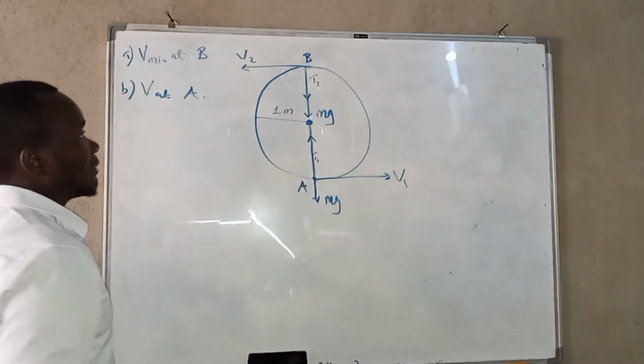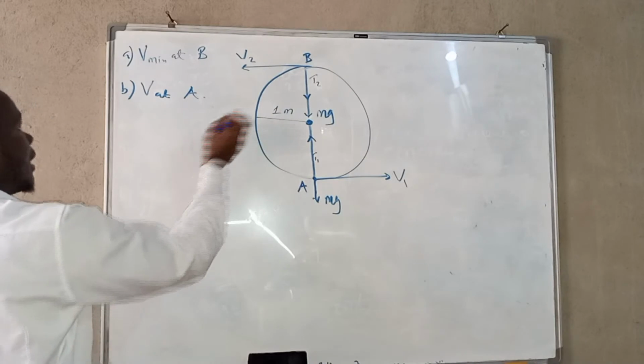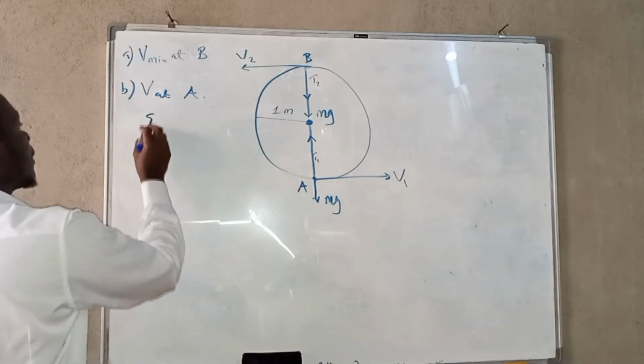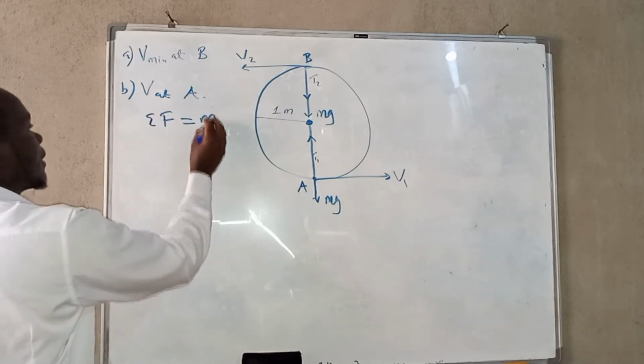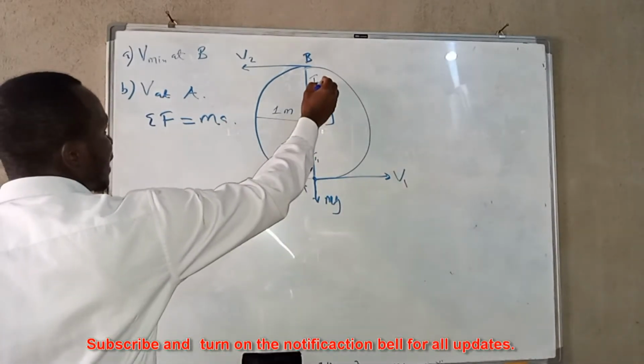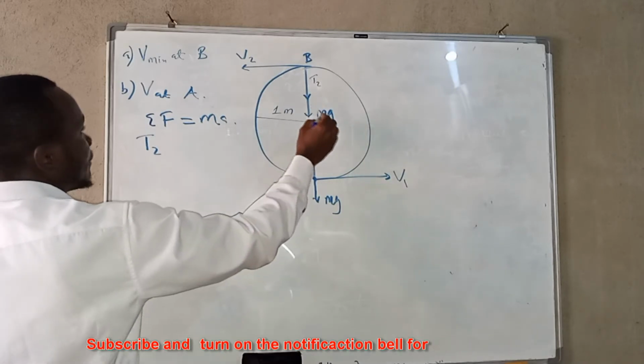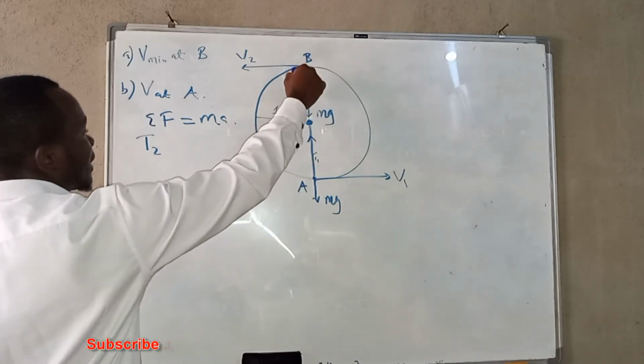We can begin by saying force is equal to ma. So we're going to have the summation of forces is equal to ma. Here we have the tension, T2, coming in this direction.